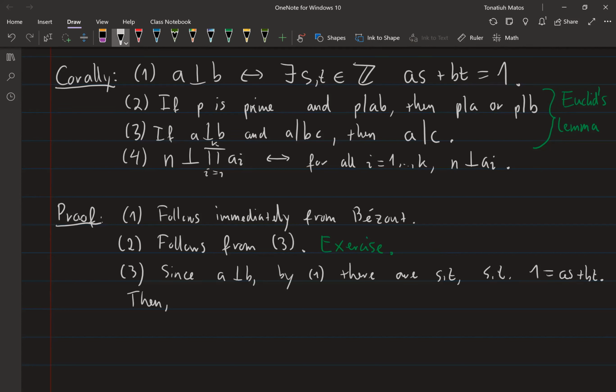Right? Then I can just multiply everything times C, and I get ASC plus BTC.